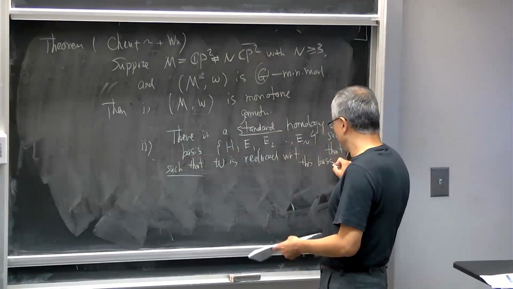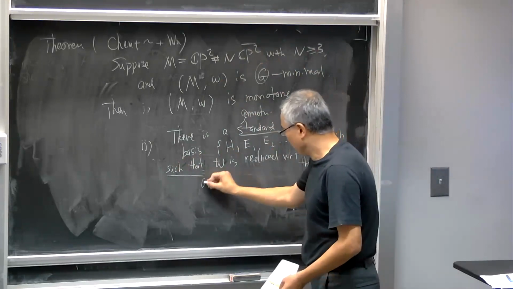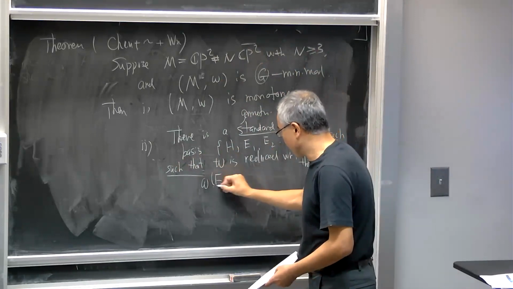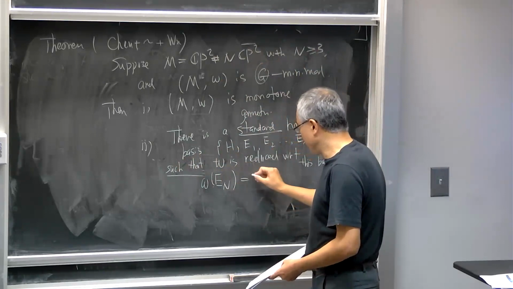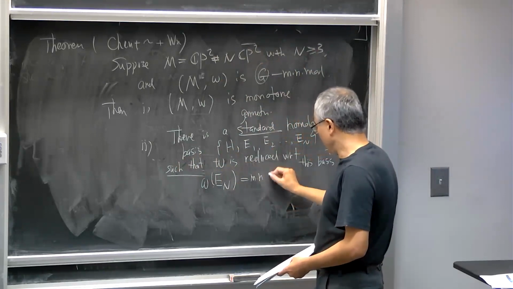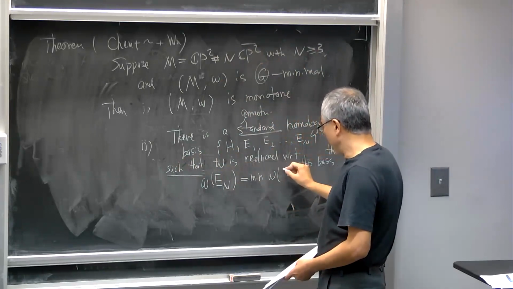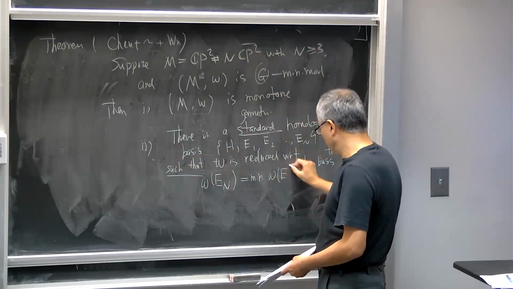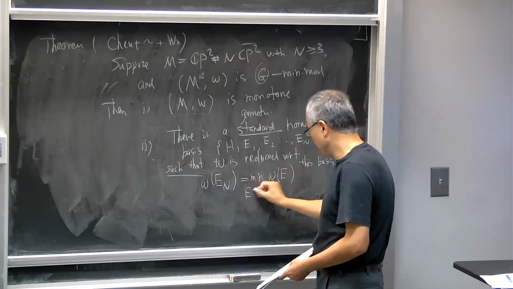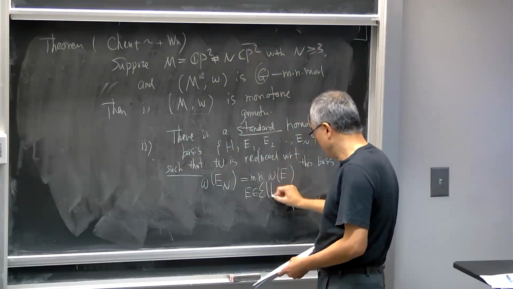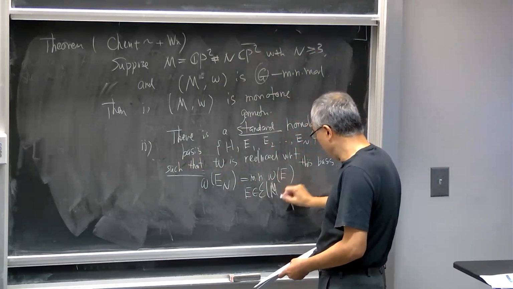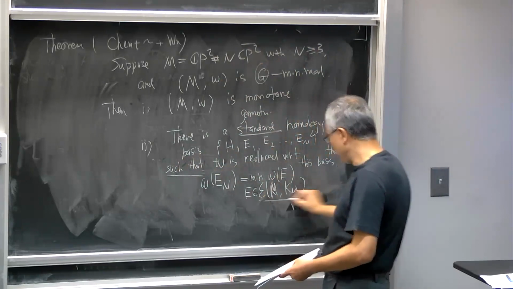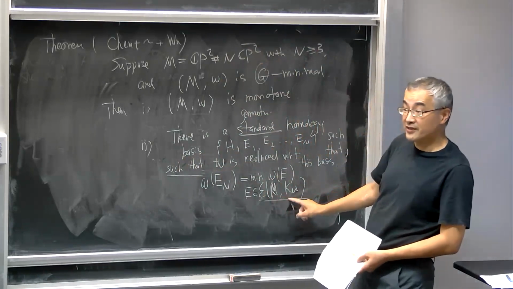So this means omega E_n is the minimum of the symplectic area of this set of spheres.